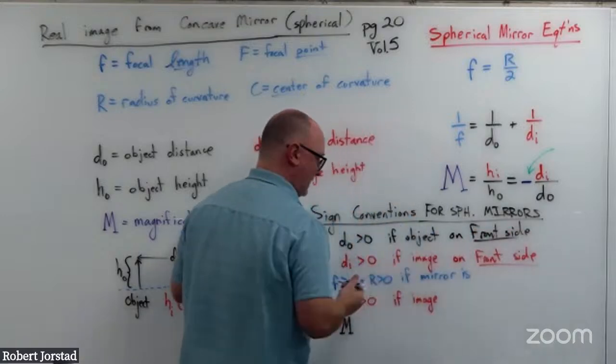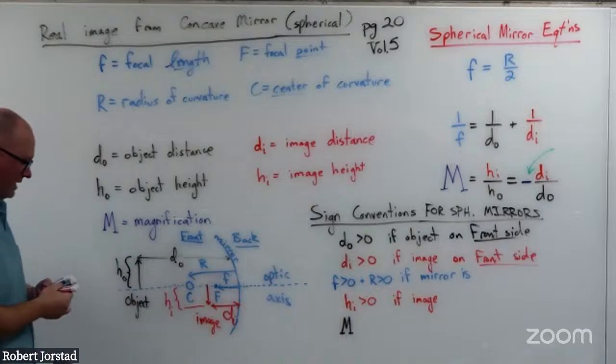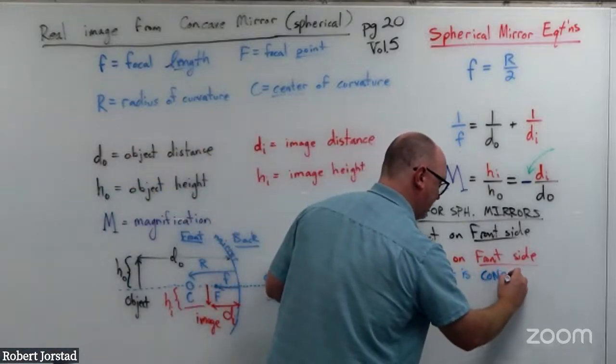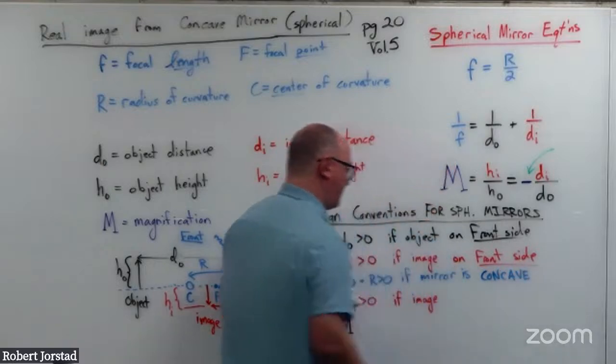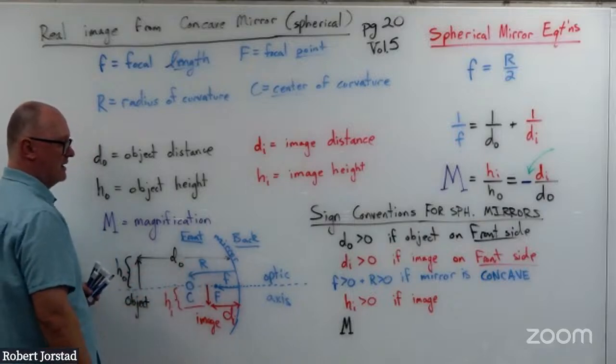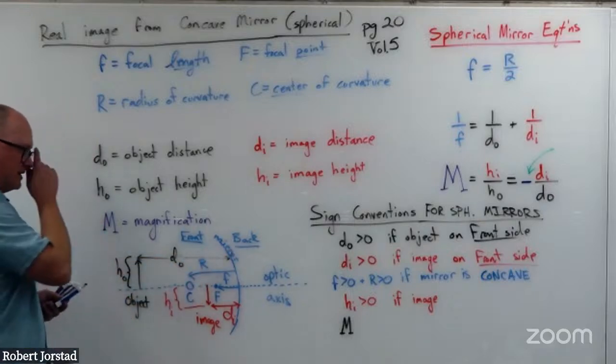This changes for lenses. If it's concave, right? A concave mirror has a positive focal length and it can produce real images here.